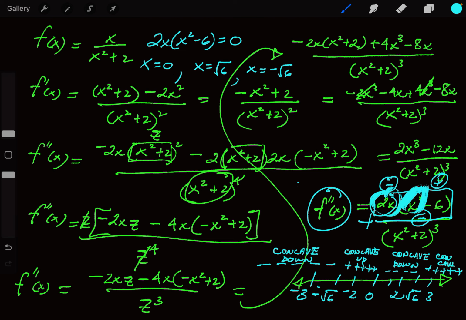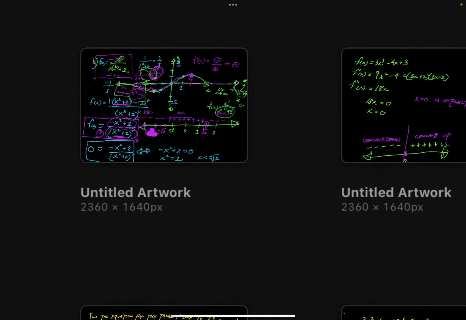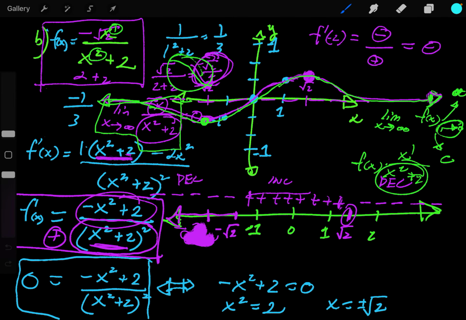And with this, let's match that with the graph that I just drew. So negative root 6, 0, and root 6 are all inflection points. If you look, the tangent line is above the curve all here, up until negative root 6, where it inflects. These are inflection points because now the tangent line is beneath the curve.